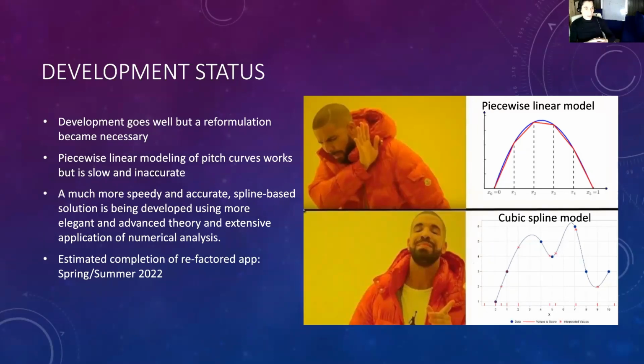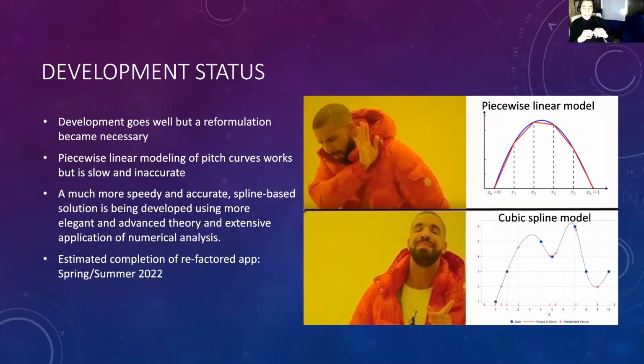There was a bit of a hard lesson learned. Early on in the project, I did a lot of the modeling of the various curves, the pitch curves, and the involutes and various things that were computed based on a piecewise linear model, essentially discretizing a curve into many tiny segments. That worked, but the amount of computation required was very high, and it didn't lend itself to very accurate results.